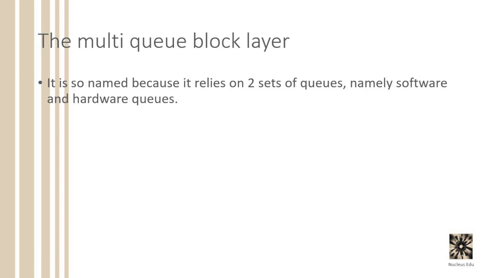But as computer systems advanced and multi-core and multi-CPU systems became more and more popular, a single queue presented a bottleneck, and the change was made and this multi-queue block layer was introduced.